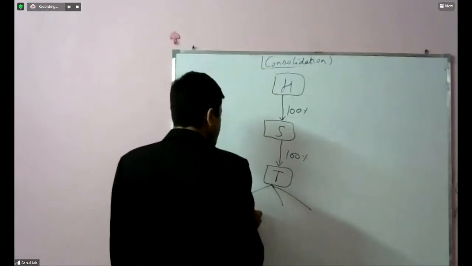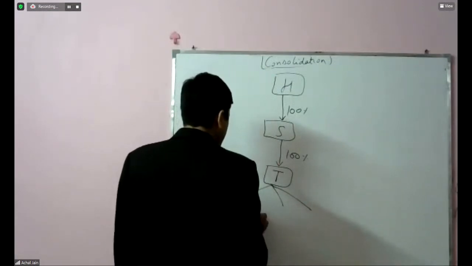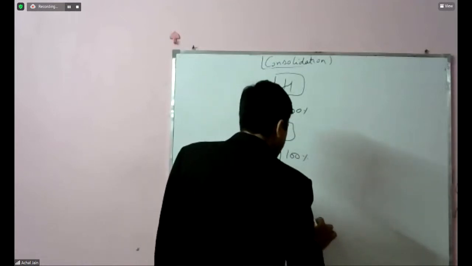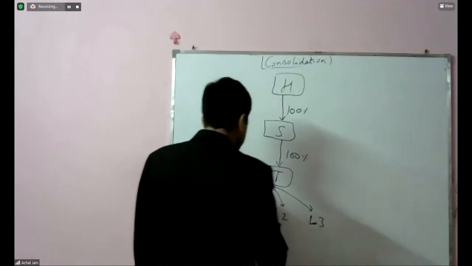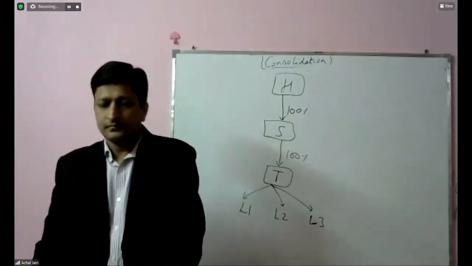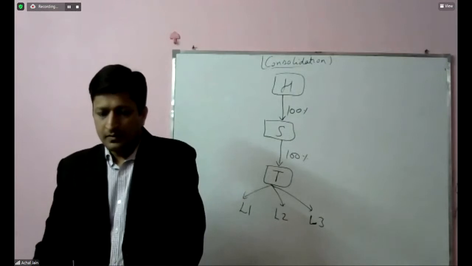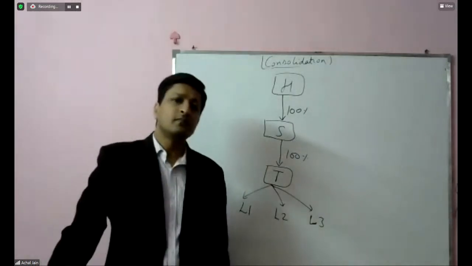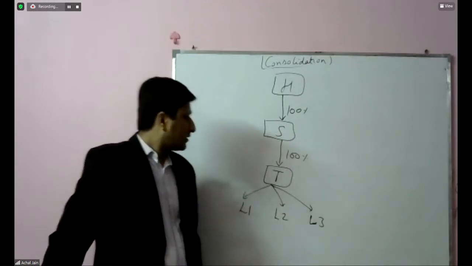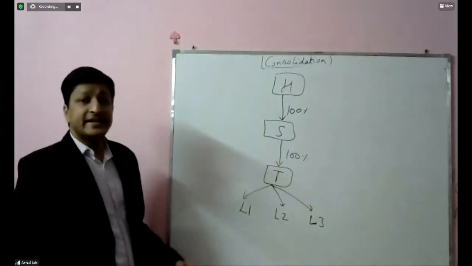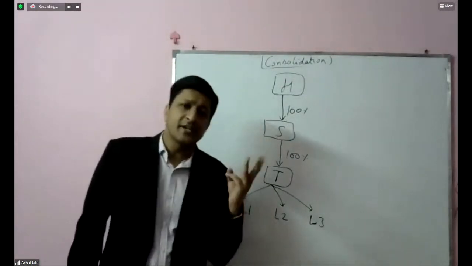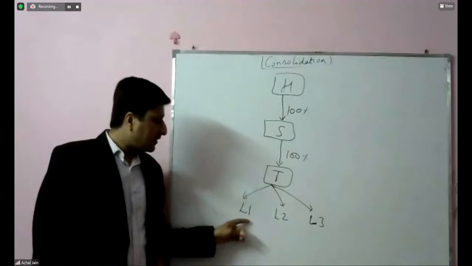Three subsidiaries: L1, L2, L3. Yeah, okay. So now if you look at T, T has got three subsidiaries, L1, L2, L3.